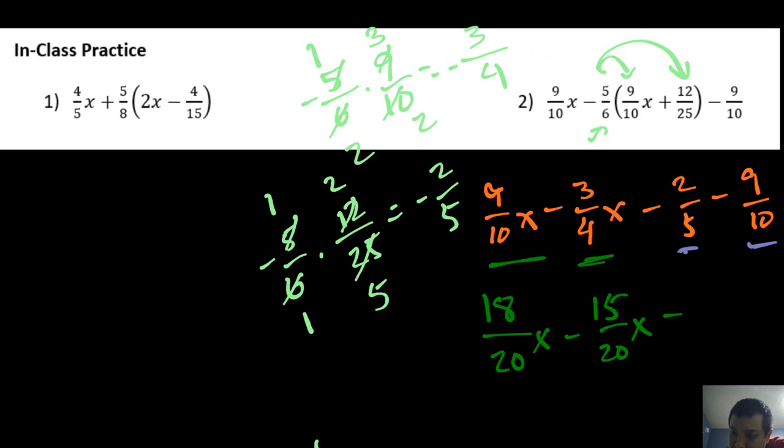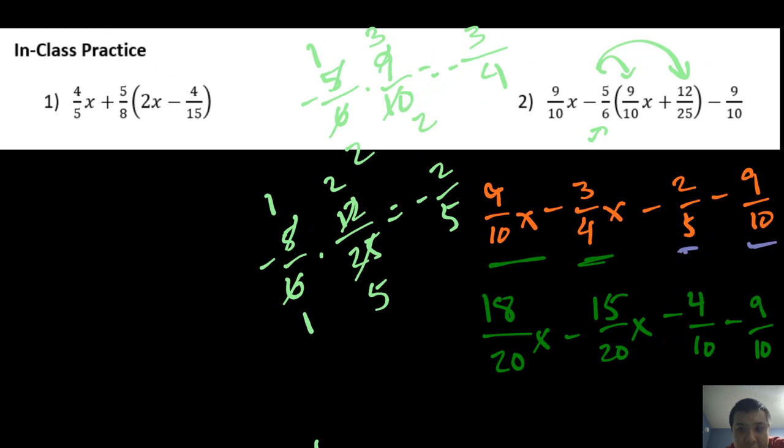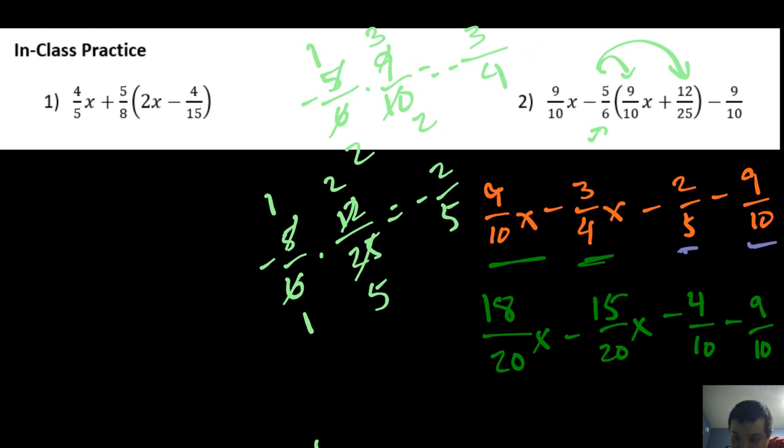So that becomes minus 4/10 minus 9/10. Then we subtract 18 minus 15, excuse me, is 3, so 3/20 x. Negative 4 minus 9 is negative 13 over 10.